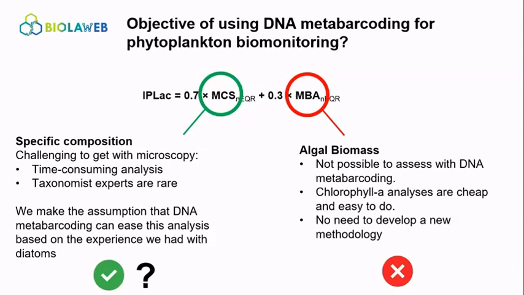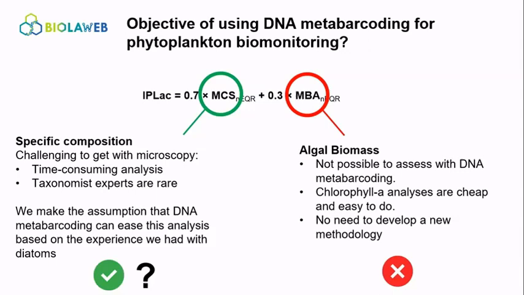I have a question. When you said that you can use DNA metabarcoding for this MCS, can you explain that a bit more? So this is a species composition. Yeah. But in a sense of the number, what would be the number? Okay, you have a different percentage of different taxa. Yeah. But can you explain a bit how that number looks like?